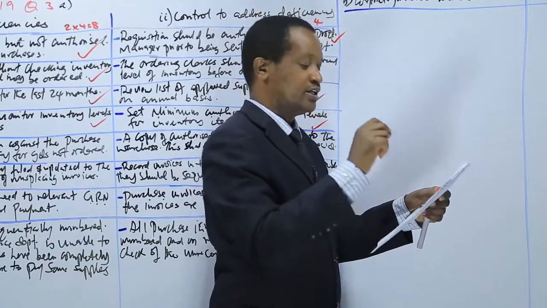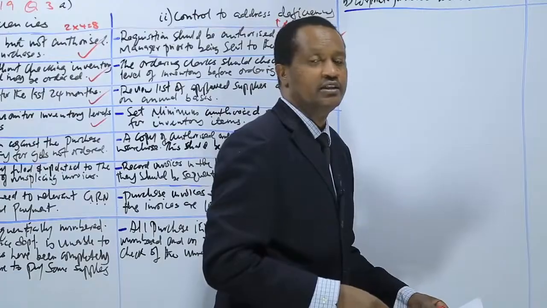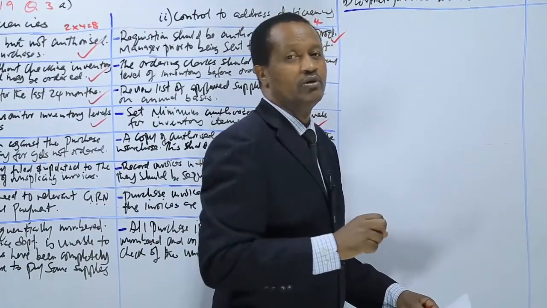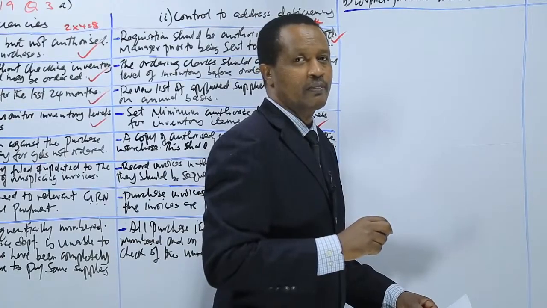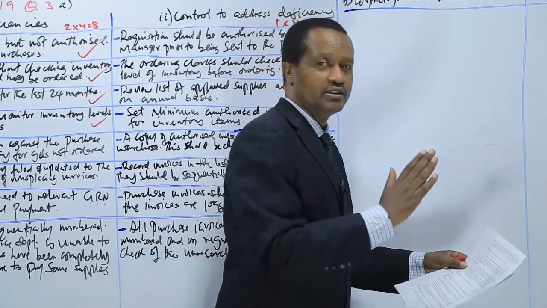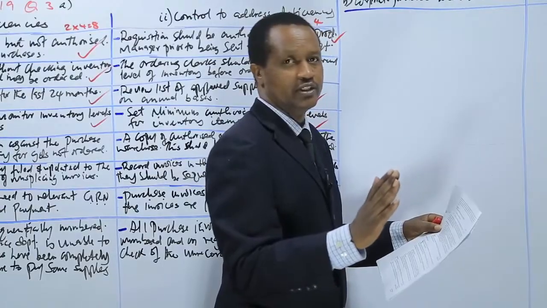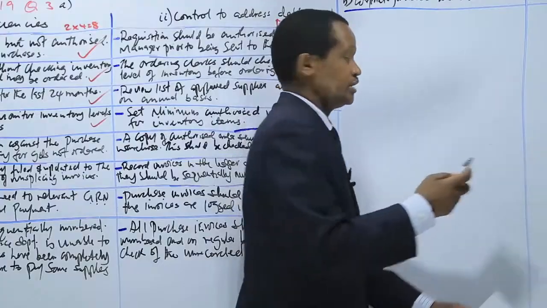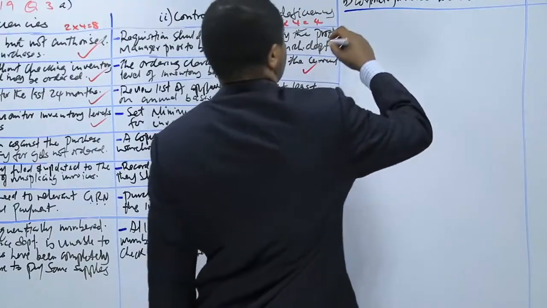That is a weakness. The board is not appropriately composed. There is no balance between the executive directors and the non-executive directors. That is a weakness which we need to note down.